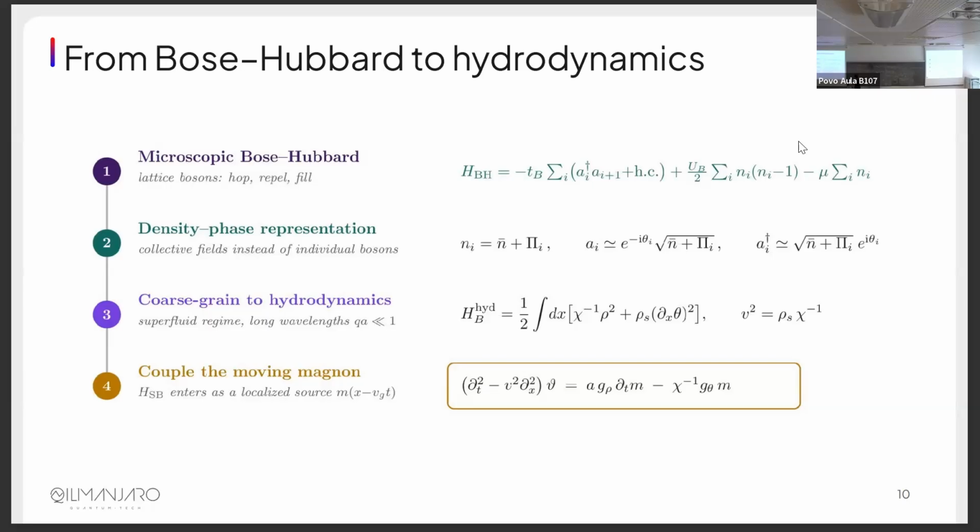Now here, rho is the density of fluctuation in one part of the chain, and chi represents the inverse of rho. And then we have theta, which is how the phase changes between sites in a continuum system.